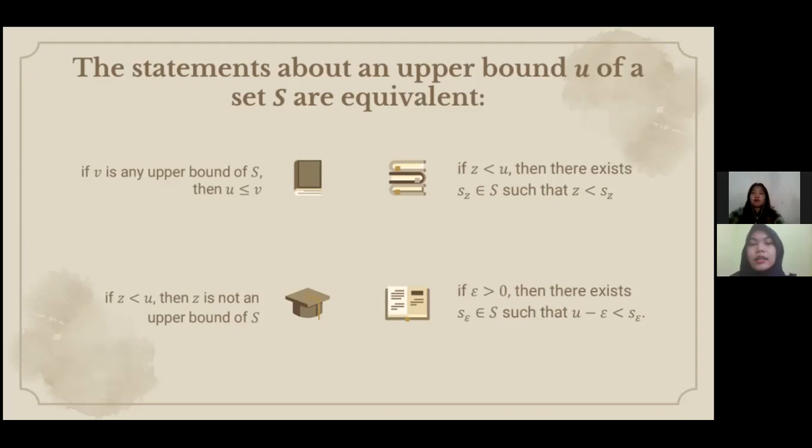Next, if epsilon > 0, then there exists s_epsilon in S such that u − epsilon < s_epsilon.